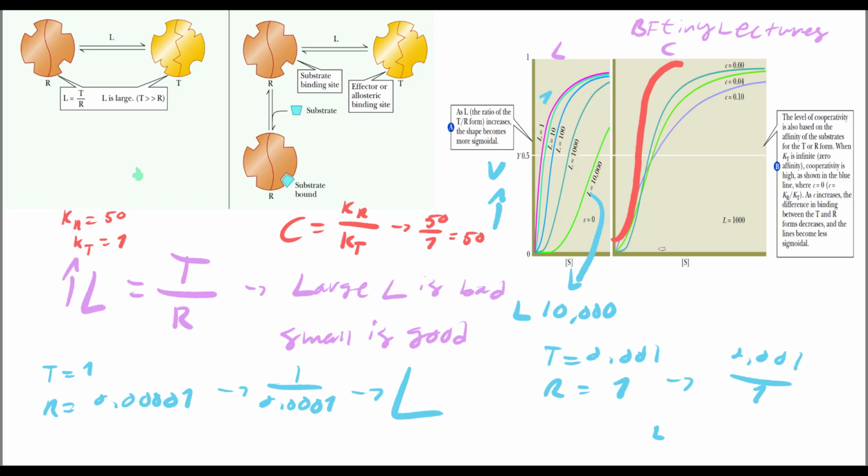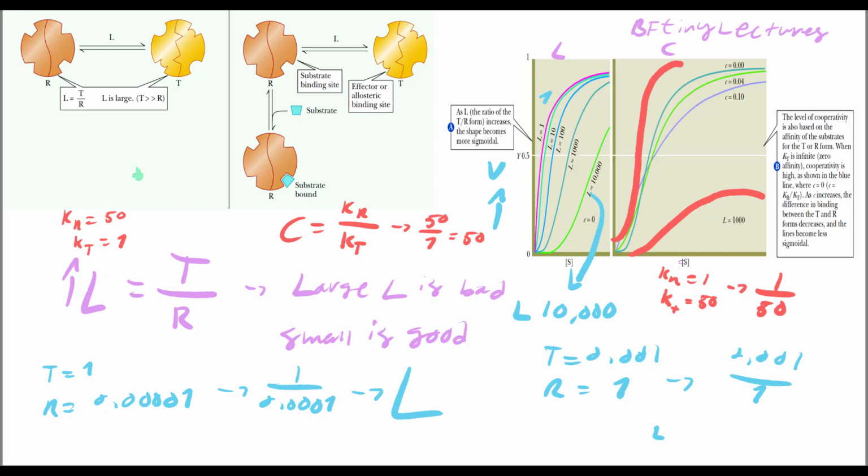Cool. But what happens if Kr is equal to 1 and Kt is equal to 50? You would have 1 divided by 50, which is very small. So you would have something like this. Notice that the velocity would actually decrease. Not as good. Okay? So what's the best case scenario? The best case scenario is that you have a very high Kr value, and then you have more R enzymes.